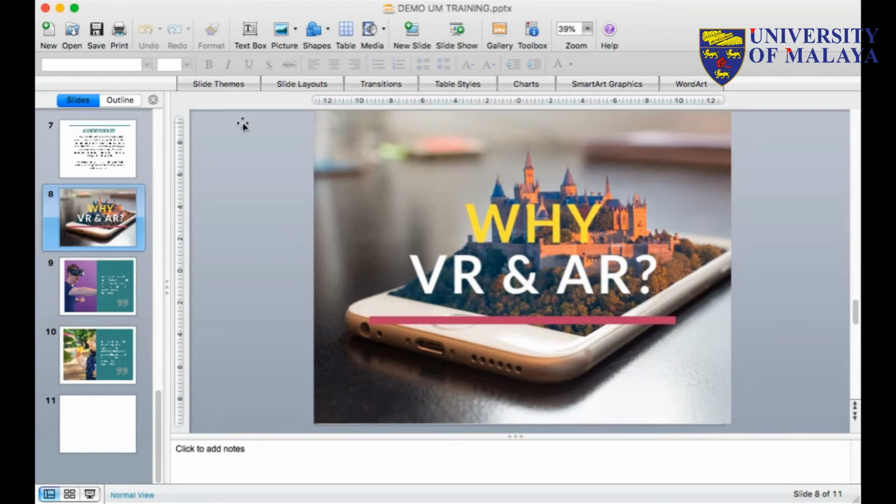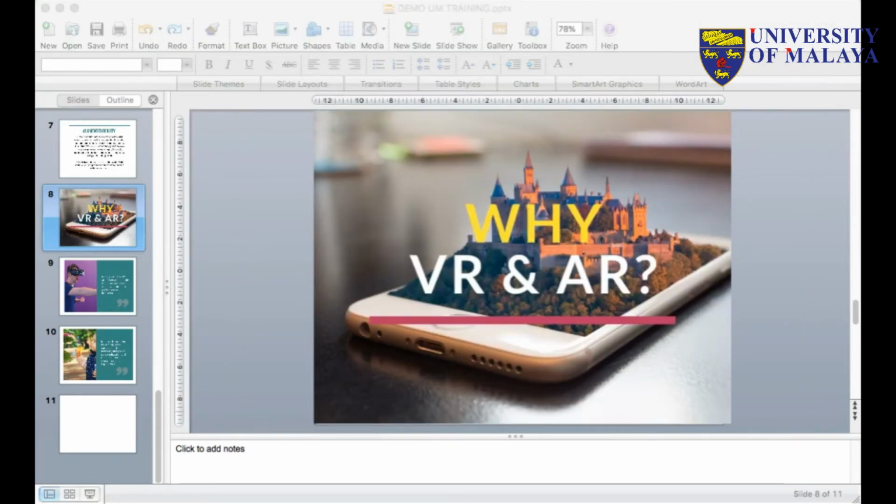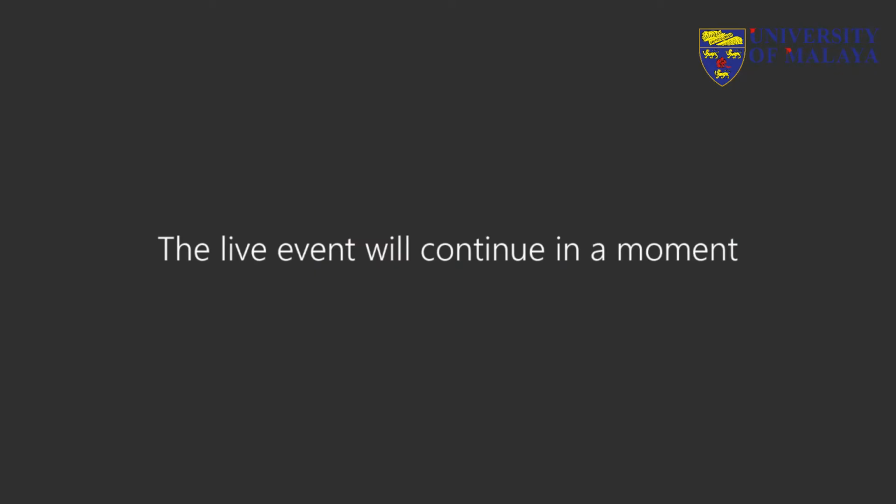Okay. Instead of sharing window, can you share your screen? I mean, you can stop sharing first. Then you share your screen instead of sharing window. Oh yeah, I didn't share anything. Okay, I'll try this again.